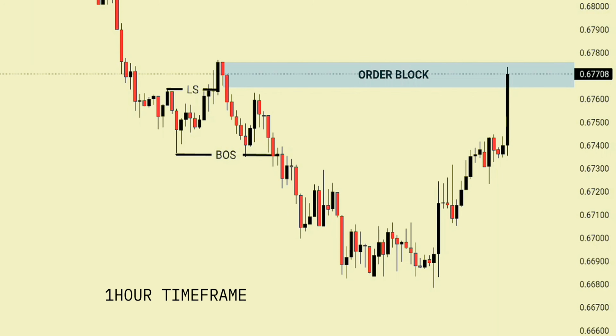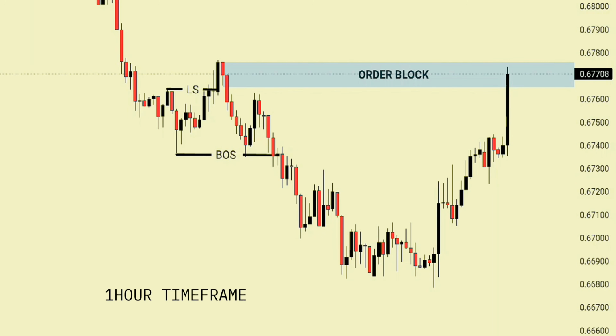This becomes our supply zone. We expect price to return to this exact area, mitigate the remaining orders, and then reject downward again. The order block is the most important part of the setup. It gives us a precise location where we look for a sell entry. When price returns to it, we watch for confirmation inside the zone.